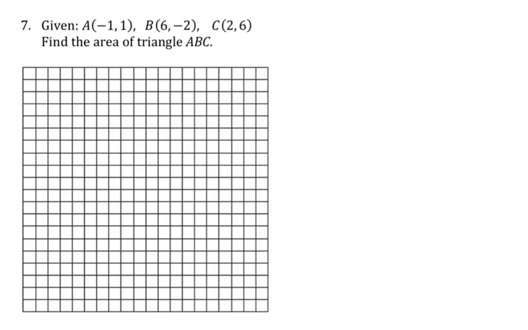So next, number 7, we need to find the area of the triangle. How do we find the area? In this case, I want you to look at the picture first and then see what happens. Now, negative 1 comma 1, which is A, and 6 comma negative 2.